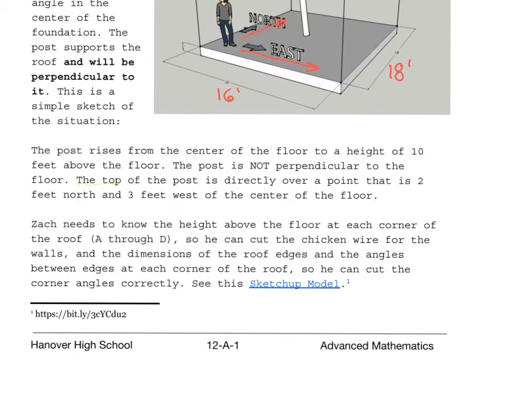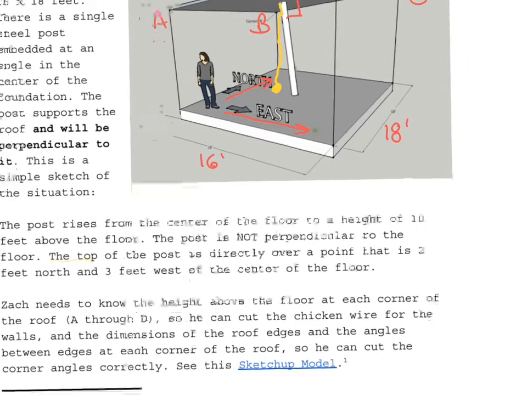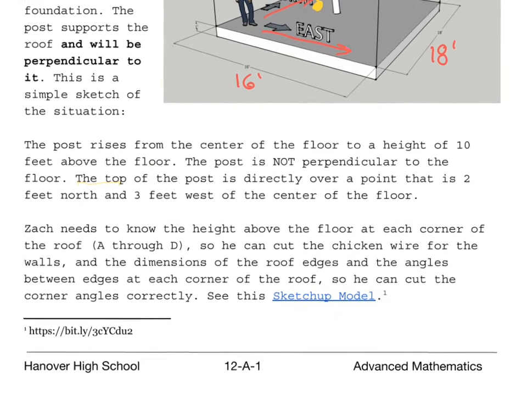So in other words, if you took a string with a weight on it and lowered it from the very top of the pole, that would touch the floor at a position that is 2 feet north and 3 feet west of the center of the floor. So that's a way of defining how exactly that pole is tipped.